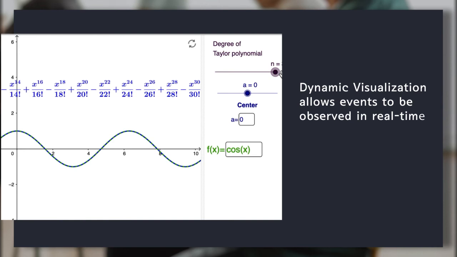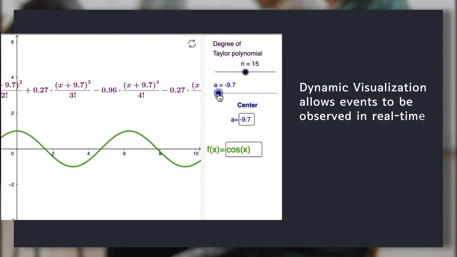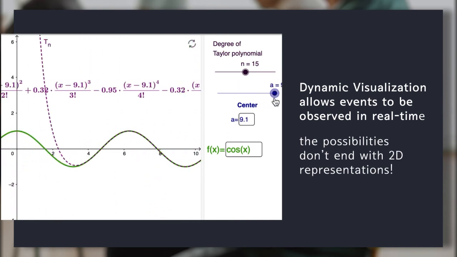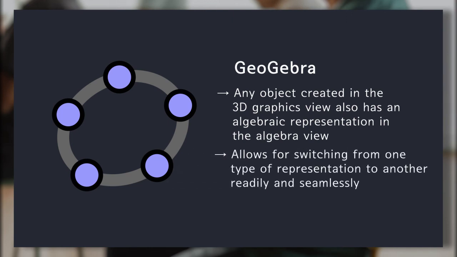Yes, just to add to Sheree's point about how dynamic visualization allows events to be observed in real time, this is made possible by the animation features on the DGS. And the possibilities don't end with two-dimensional representations. In GeoGebra, any object created in the 3D graphics view also has an algebraic representation in the algebra view. This allows students to switch from one type of representation to another readily and seamlessly.